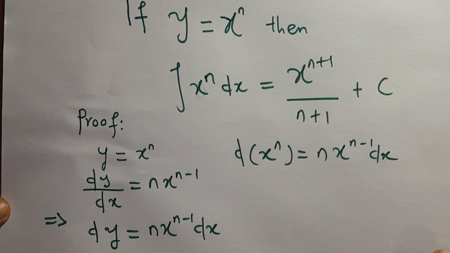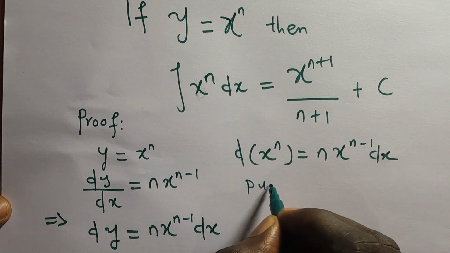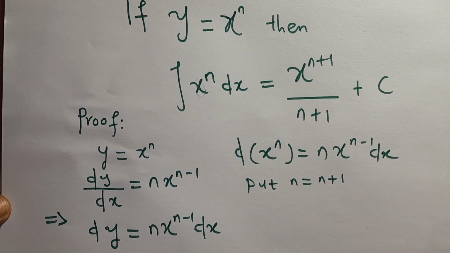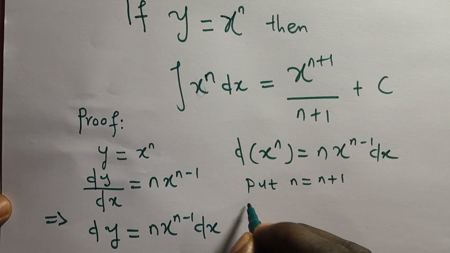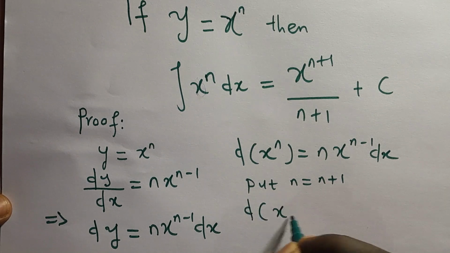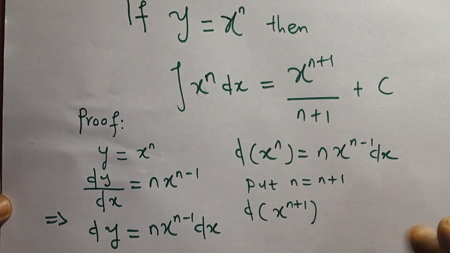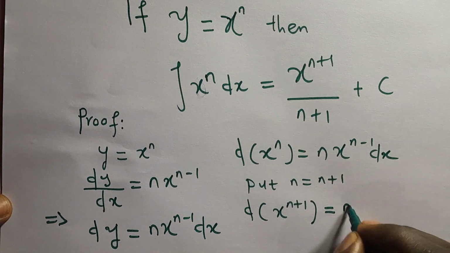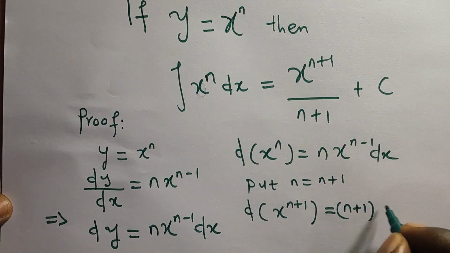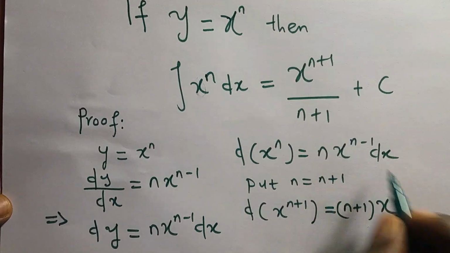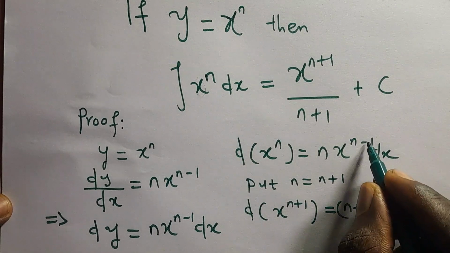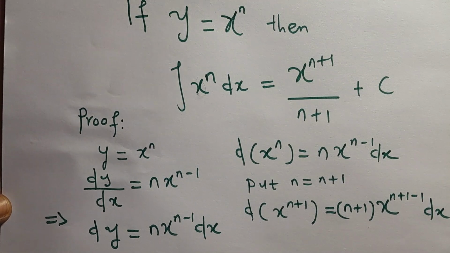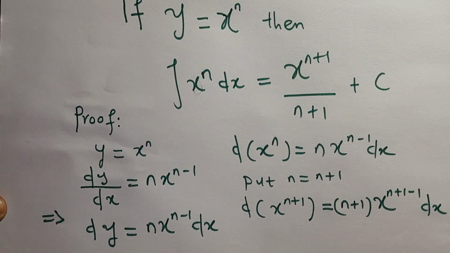So now from here, by putting n equals n plus 1, we are going to have d of (x raised to n plus 1) will be equal to, here as well, n plus 1, then we have x raised to n plus 1 minus 1, then we have dx.